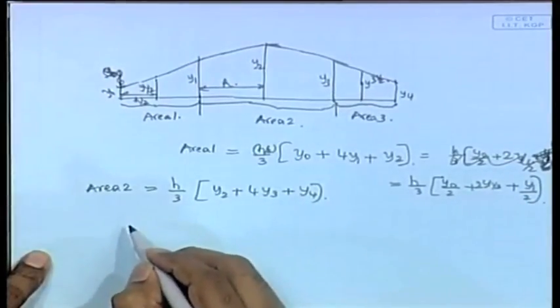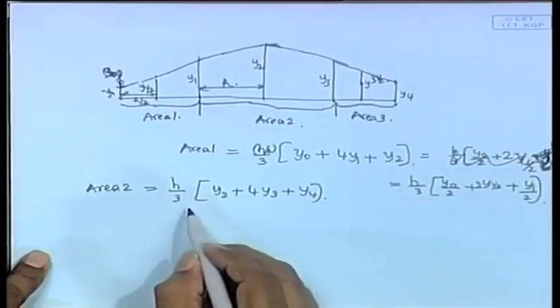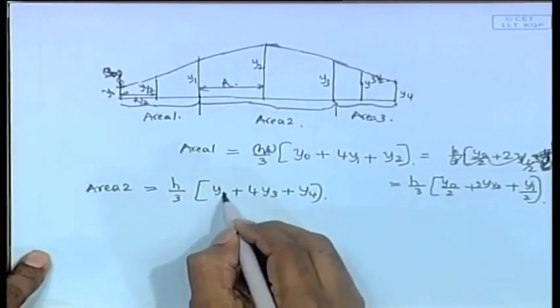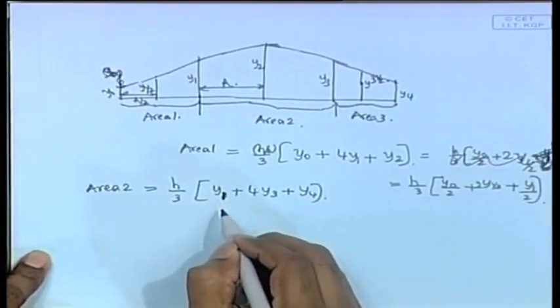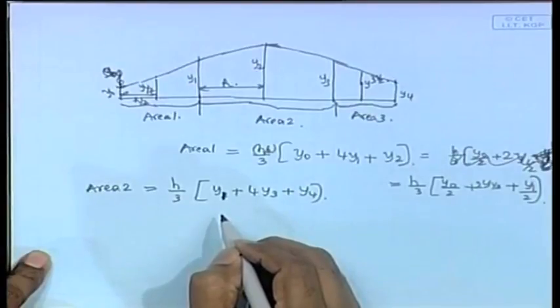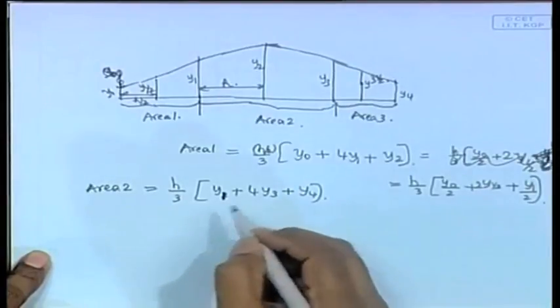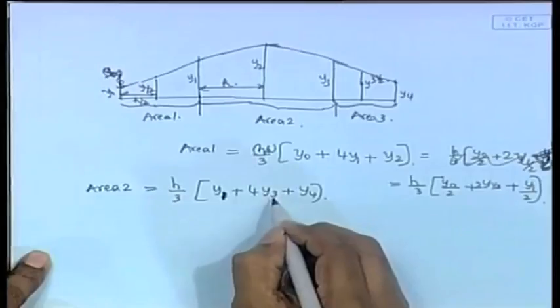Now, the area of section 2 will be h by 3 into y 1 plus 4 y 2 plus y 3. Here they have made a mistake, so we will do it ourselves.